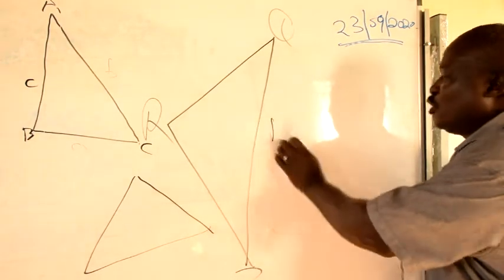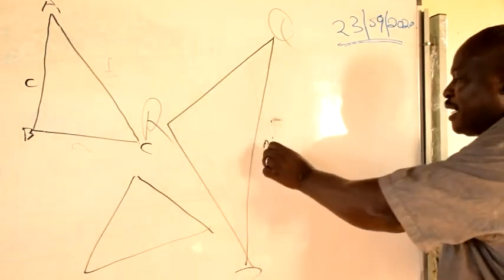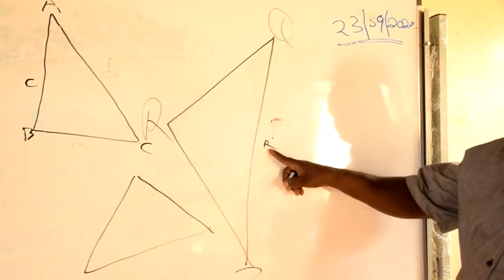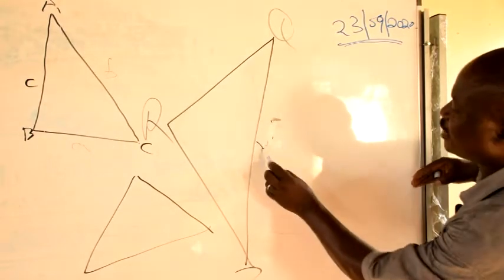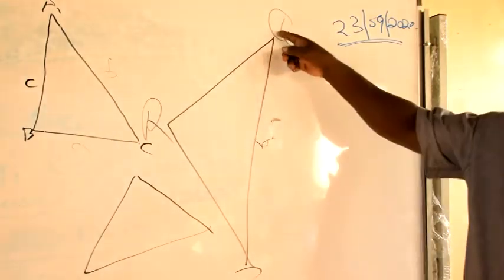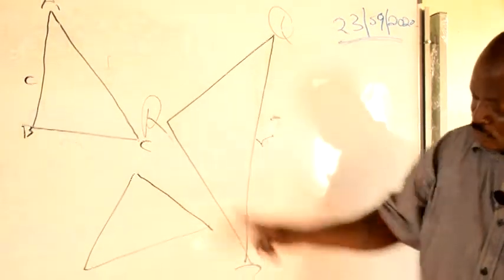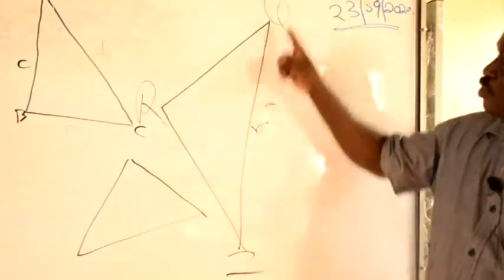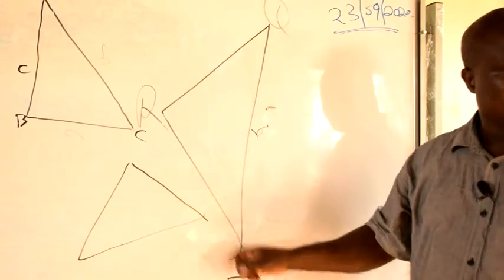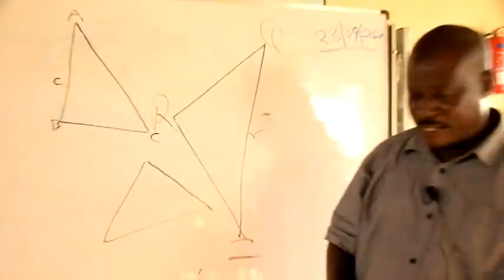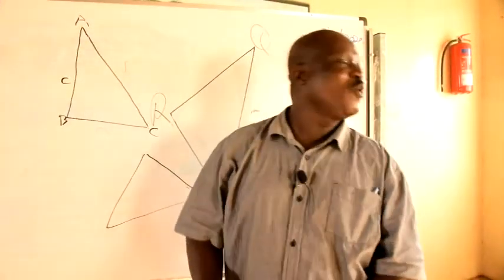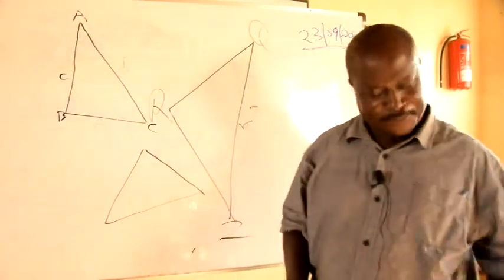Not this R, but it is a small r. And then this one is small z, and this one is small q. Is that okay? Yes. That is fine. Thank you so much for knowing how to name the sides.